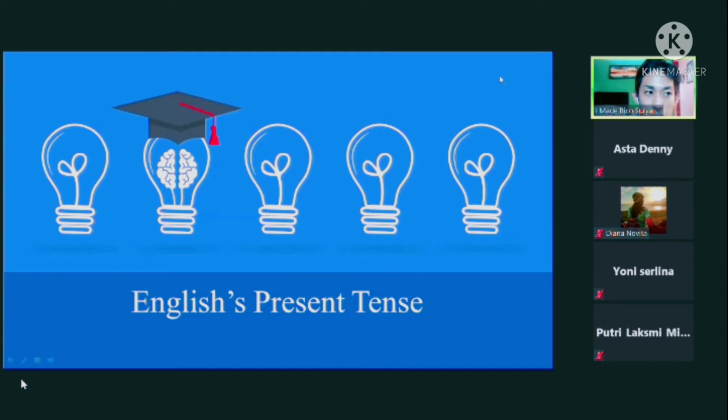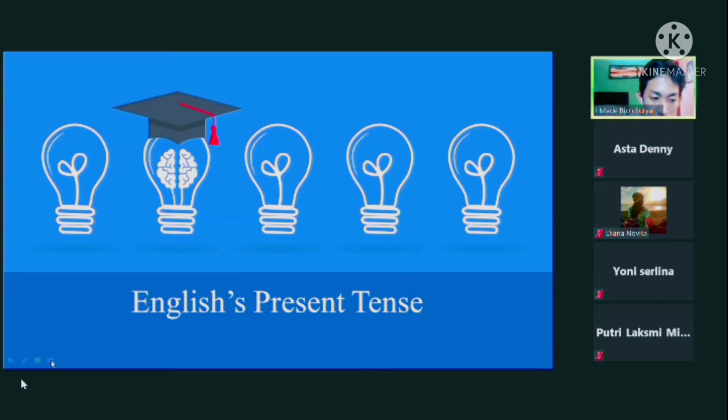It's true that there are four points, the sub main points in present tense itself. Two of them are simple and continuous. The rest are perfect and perfect continuous, also known as perfect progressive. Another name for continuous is progressive.